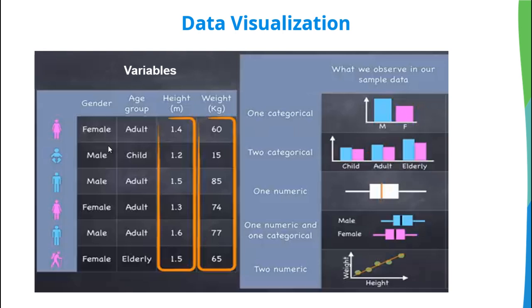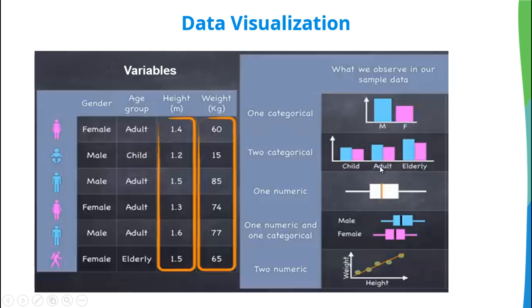When we observe the data, if you have one categorical variable, for example gender or age group, we can use a bar plot to display it. You have male and female as gender, or you can use age group: child, adult, elderly.